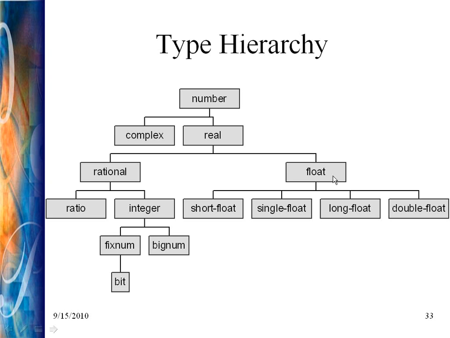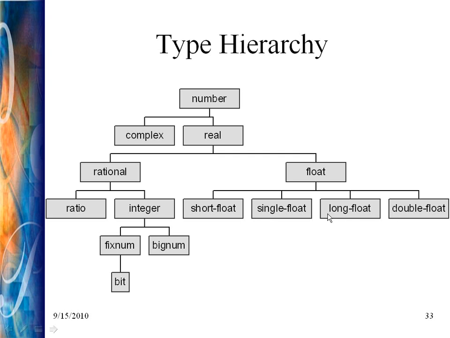In the floats, there are 4 types of floats defined: short float, single float, long float, and double float. But in Allegro Common Lisp, short float and single float are the same. A floating point number is represented by 1 word in memory, 32 bits on a 32-bit machine, and 64 bits on a 64-bit machine when you're running a 64-bit Lisp.